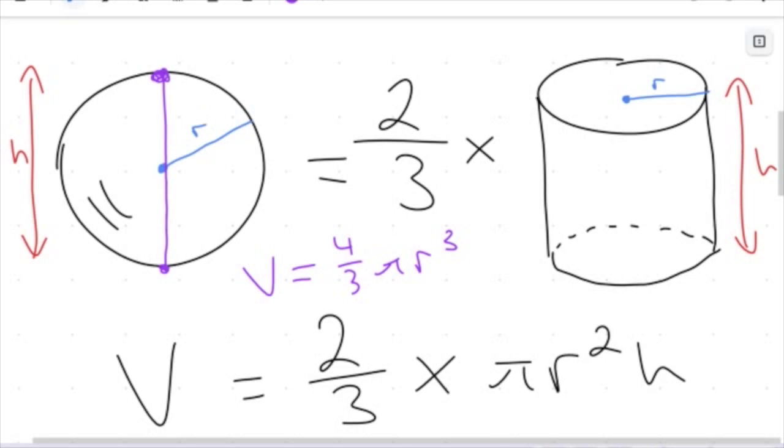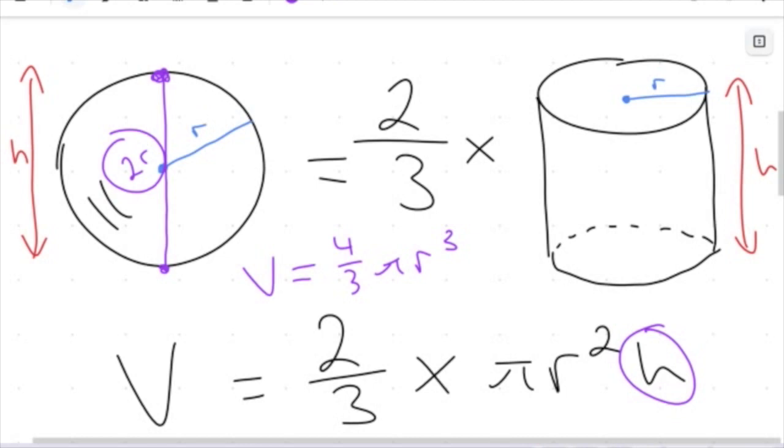So we can write the diameter as, well, 2 lots of the radius. So this height is the same as the diameter, which is the same as this height. So therefore, we can substitute this 2r in for the h, because the height of both is just equal to the diameter of a sphere.